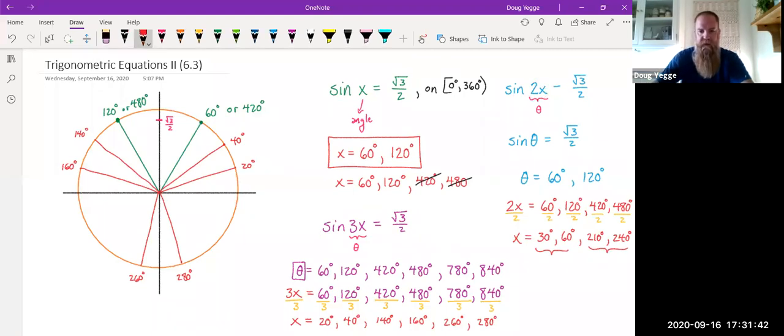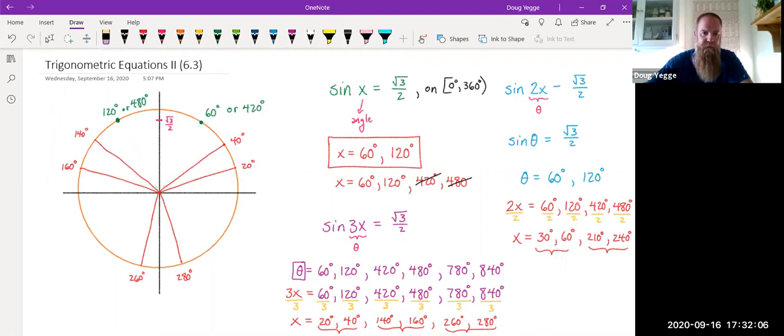And when I now take a look at 3x, that means I'm going to have 3 times as many solutions. So we're solving this in the exact same way, except that once we set theta equal to all of these values, we now need to solve for x by applying the operation on that angle.